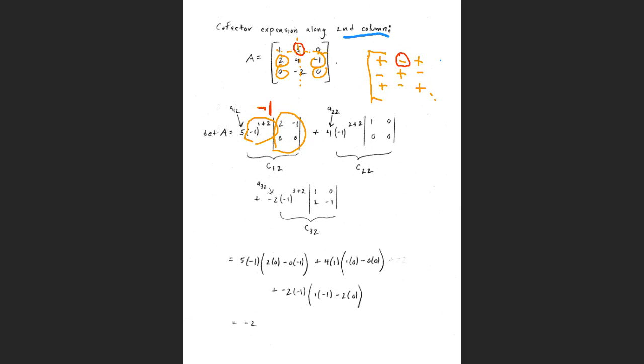Okay, well, let's do another one here. Continuing down the second column. Here's the 4. The 4 is in the second row, second column. So the submatrix that results is 1, 0, 0, 0.